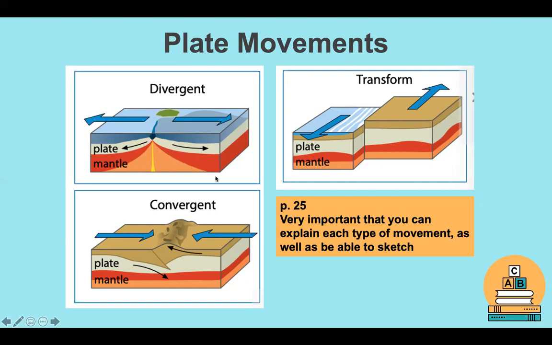Those are the main things I look at. For convergence, I need to see that one plate crust moves downward and the other upwards, with the 2 arrows going towards one another and a ridge forming in the middle. With transformation, very simple, I need to see that the 2 blocks are moving away from one another. And that's basically how you are required to sketch those.